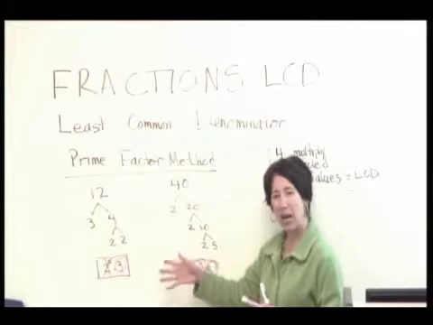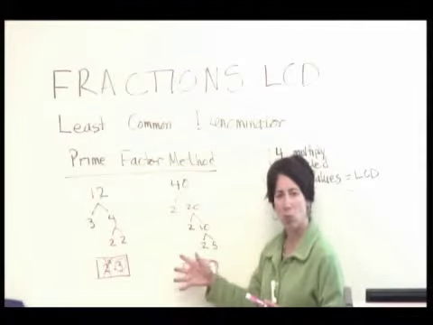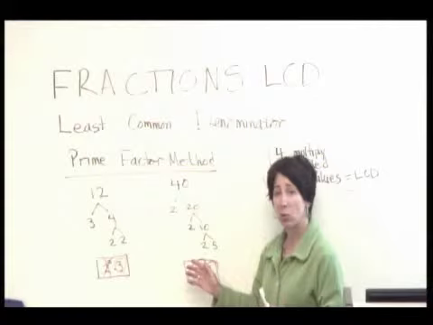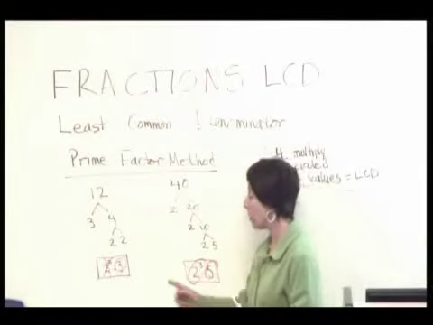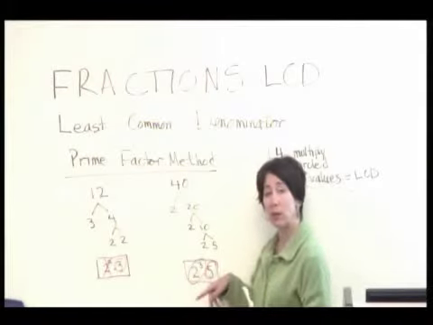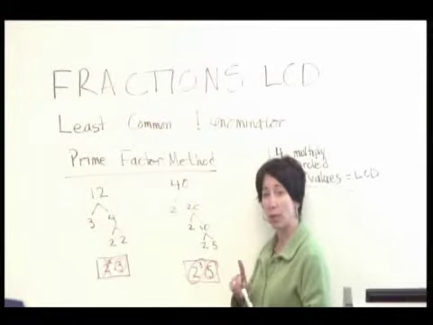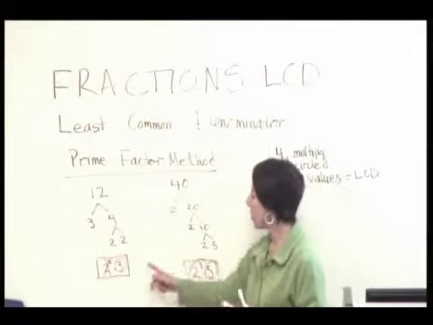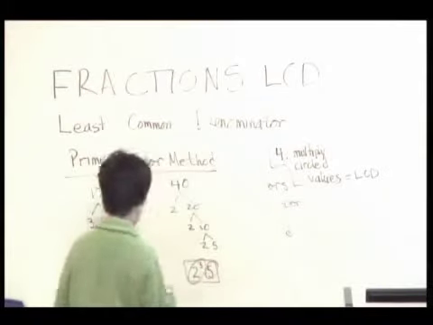And it doesn't matter where the prime factors are in which box. It has nothing to do with it. All you're doing is making sure that every prime factor that shows up in these boxes is circled one time only. So now I multiply these.